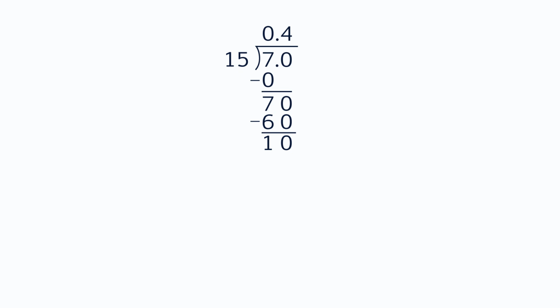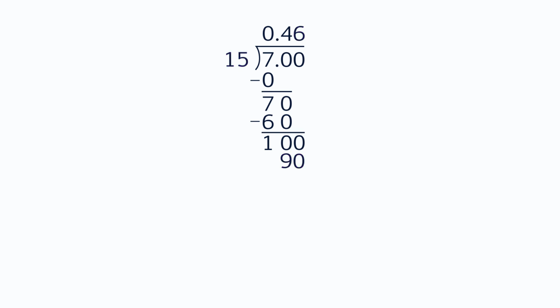Again, you can append another 0 to 7.0 without changing the value. Pull a copy of that 0 down after the 10, and you end up with 100. 15 goes into 100 6 times. Place 6 in the hundredths place above the line, then multiply 6 by 15 to get 90.